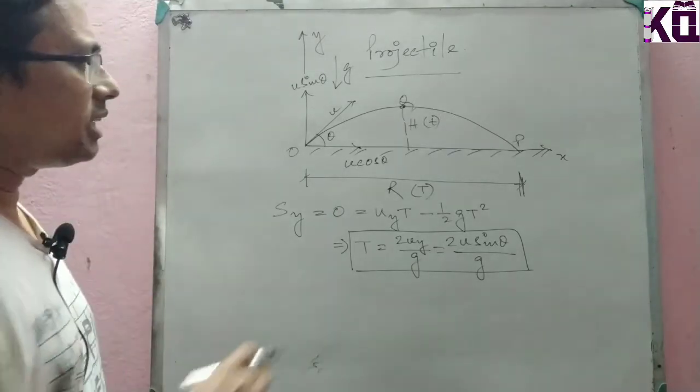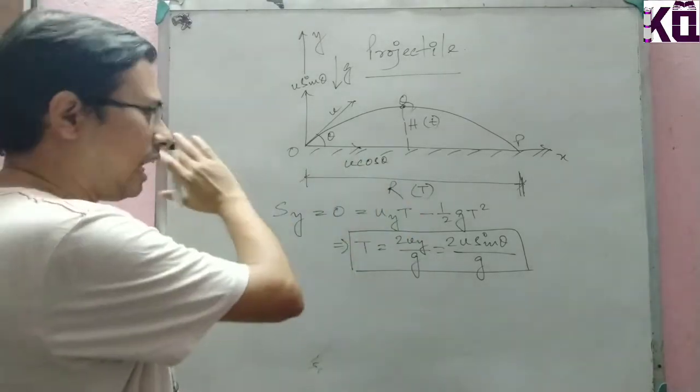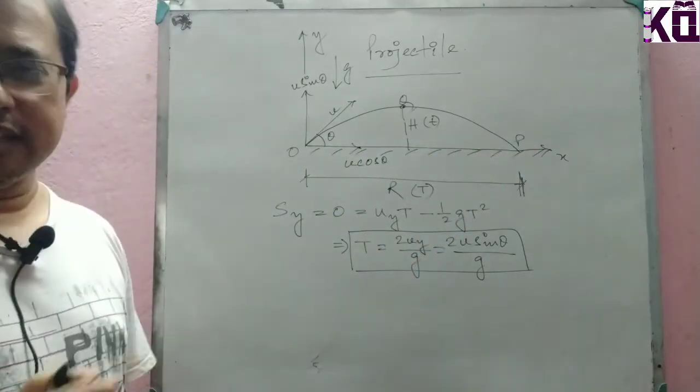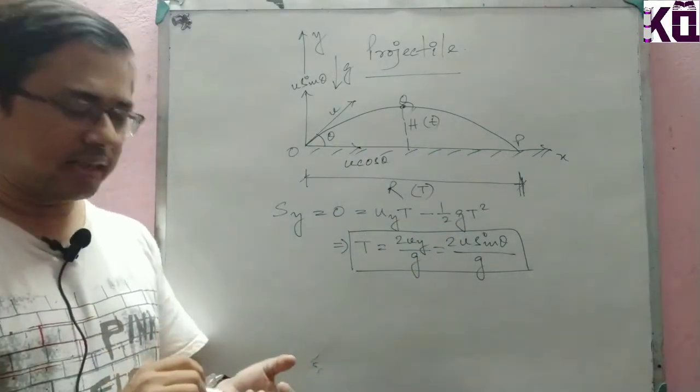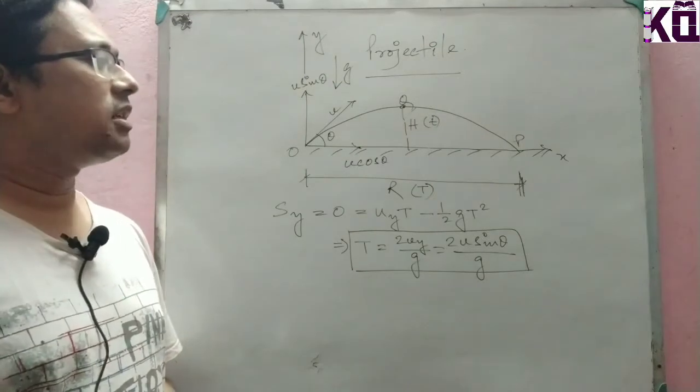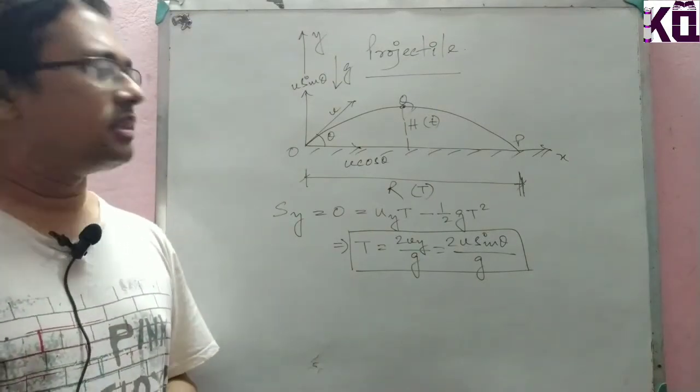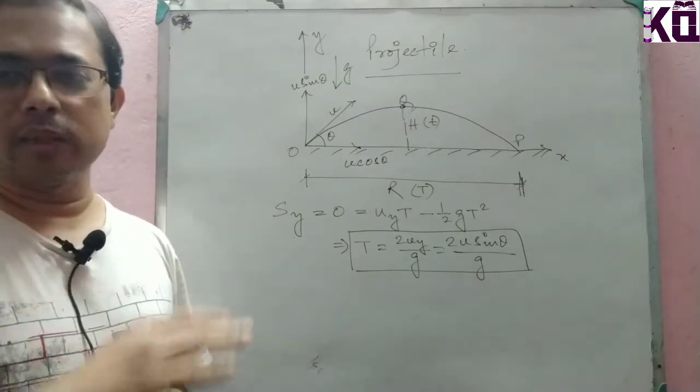Okay, now in x direction, what happens? There is no acceleration or retardation. So what is the type of motion? We know that if there is no acceleration or retardation, the motion is uniform in nature.